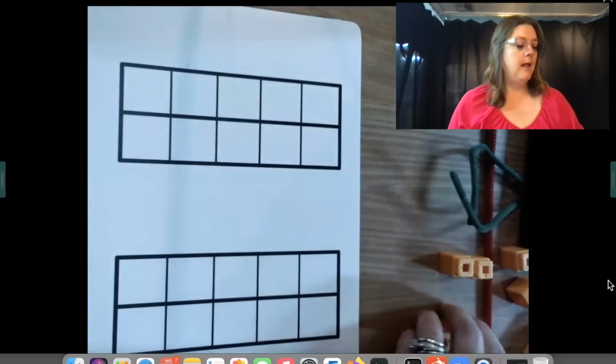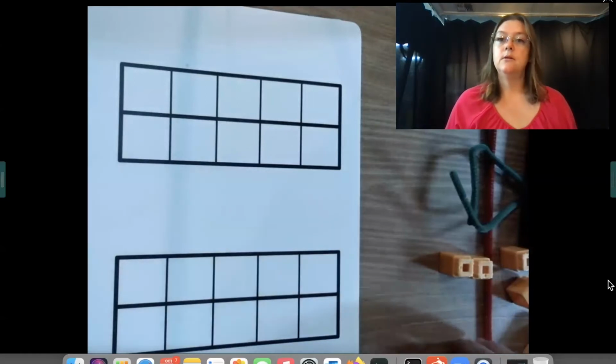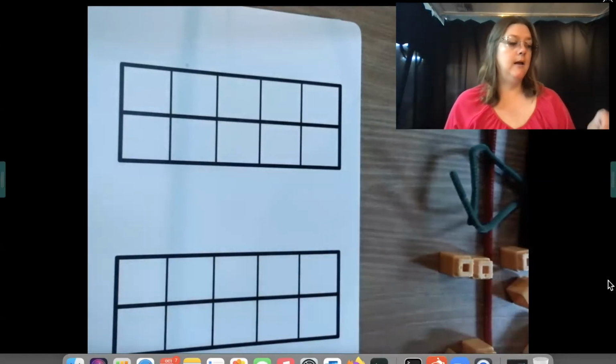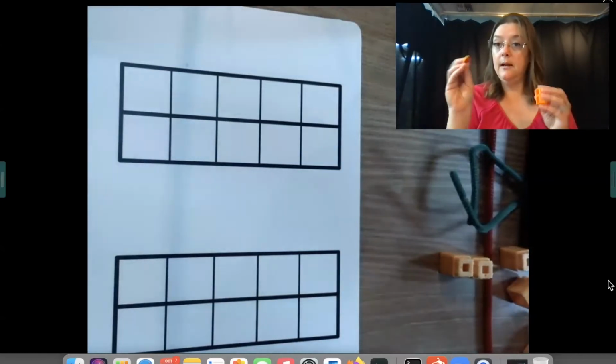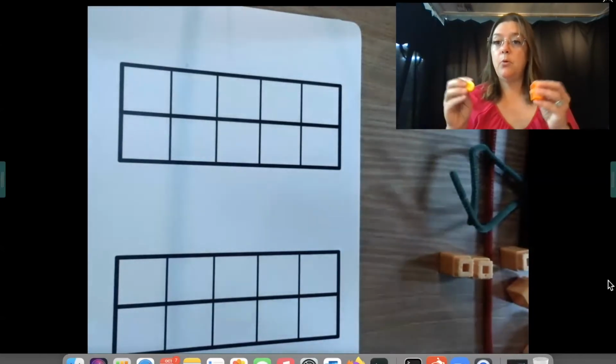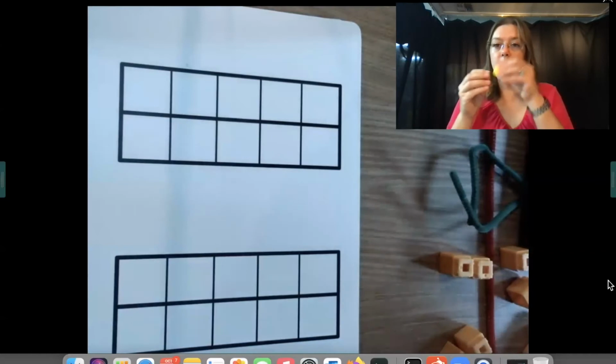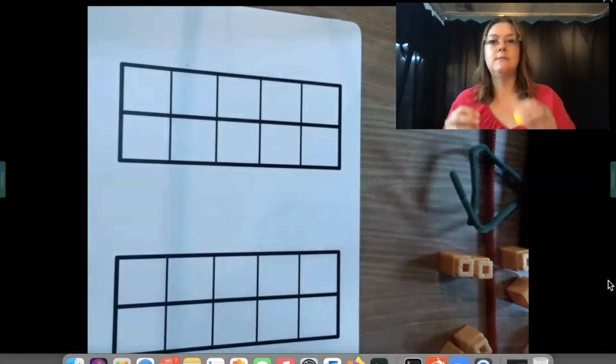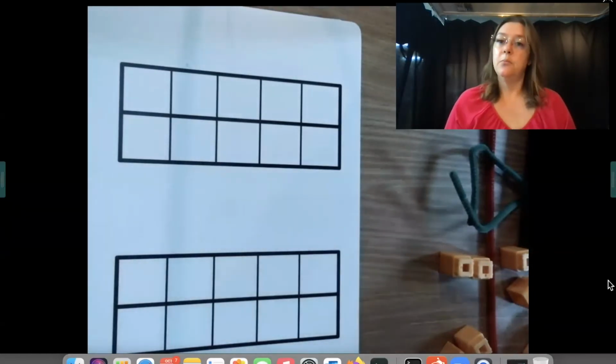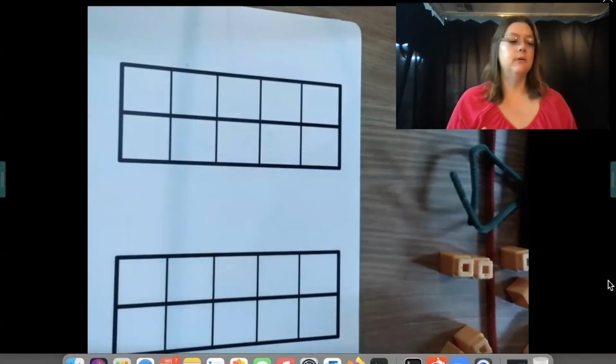Now, I like things that they can pick up and move. So if you've got some of those things that are big that they can maneuver around, if they have some trouble with pincher grasp. The cool thing about smaller things is it requires that pincher grasp. They need so much for using a pencil and for picking up things and then later being able to cut.